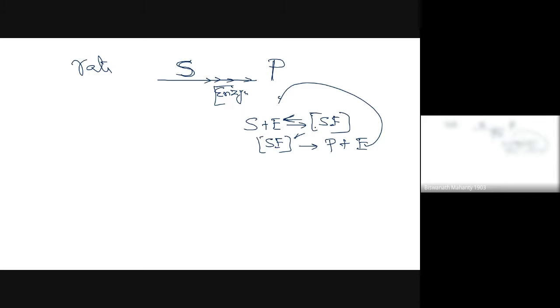From the enzyme substrate complex, they can split off. If I'm going to learn about the enzymatic rate, V equals Vmax into your drug concentration. This is actually enzyme kinetics.